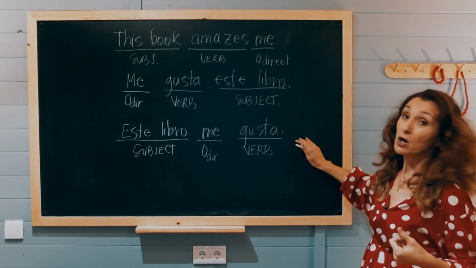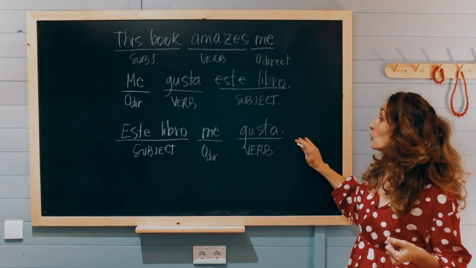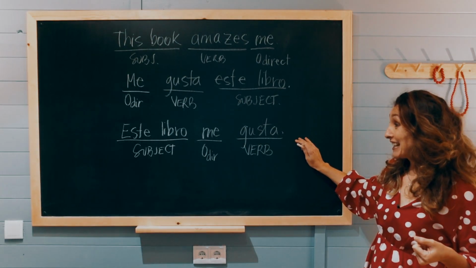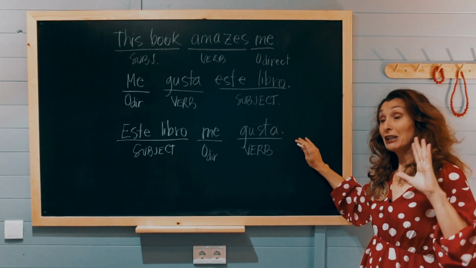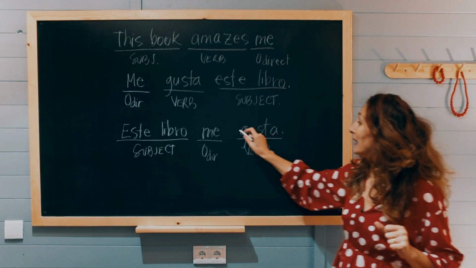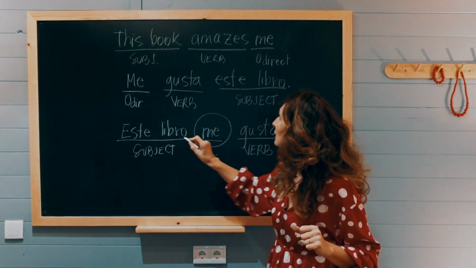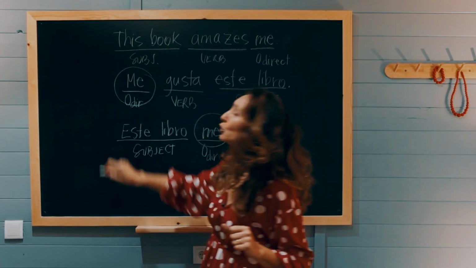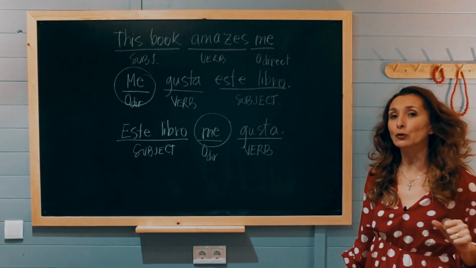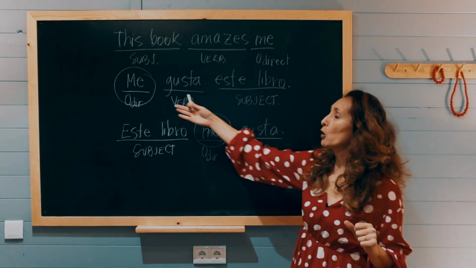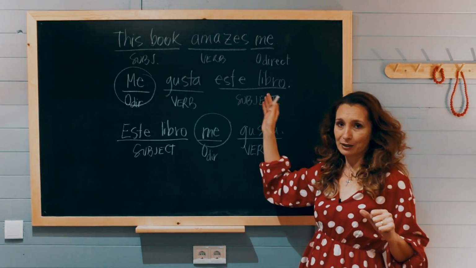regardless of the word order, we will see that sometimes, or actually very often, the Spanish will duplicate this pronoun, okay? So we already know that I'm the one liking this book.